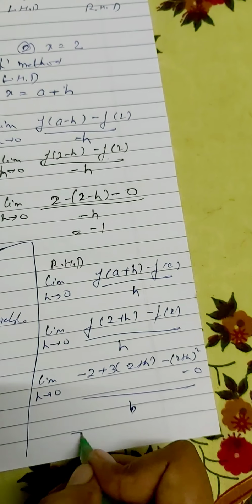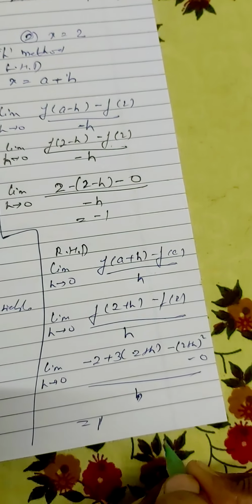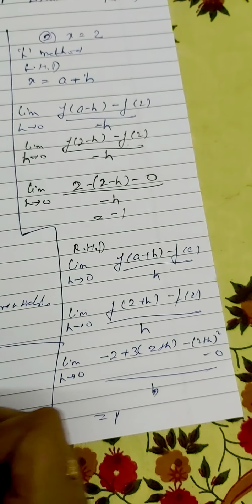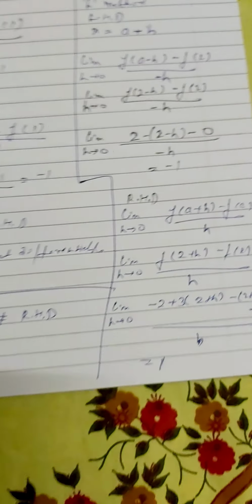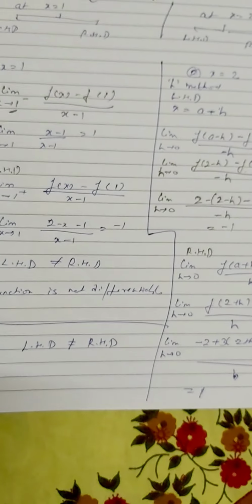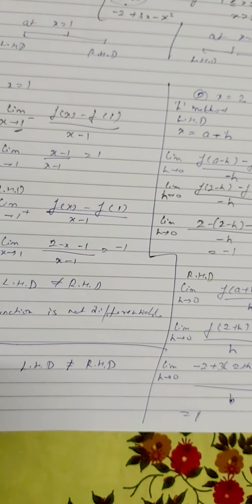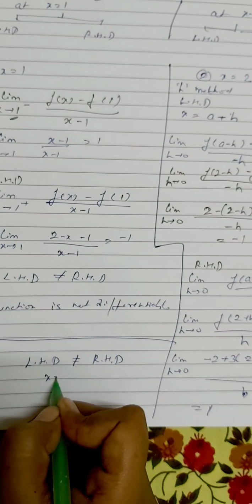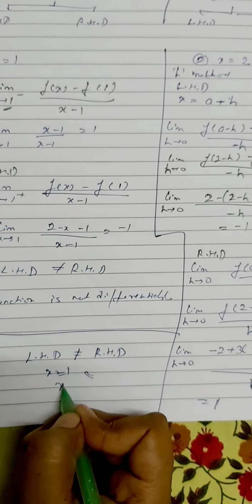On solving it, you will get 1. So again I found my right hand and left hand derivatives are not equal. Hence these functions are not differentiable at x equals 1 and at x equals 2.